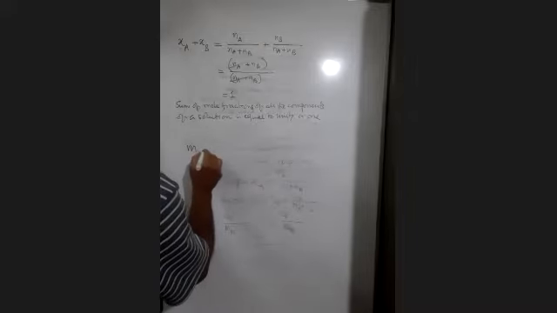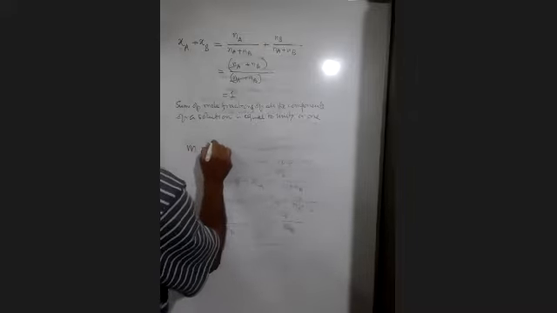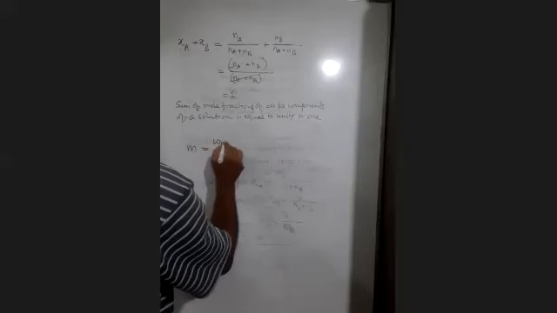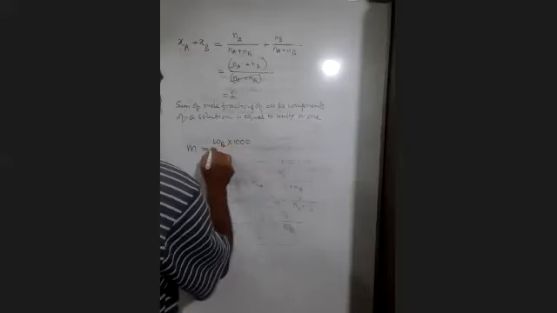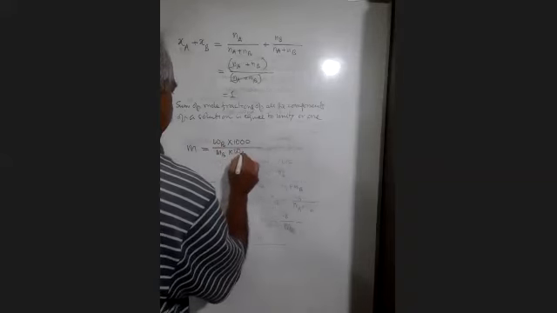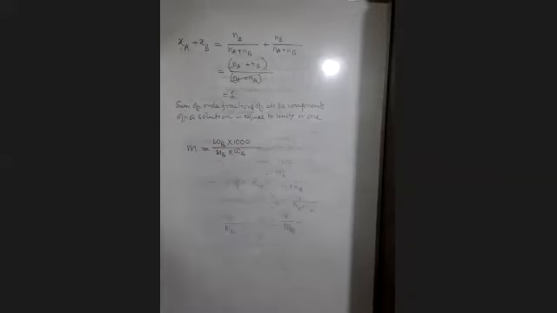Okay, now with this one, I can write another formula for molality. Please remember, molality. What did you write here? WB into 1000 divided by MB into WA.